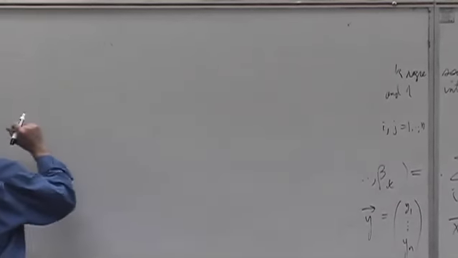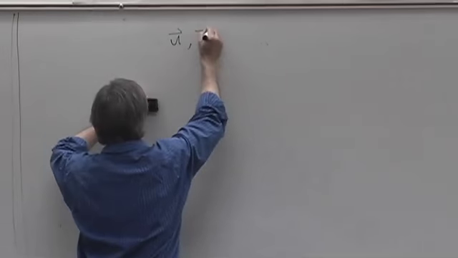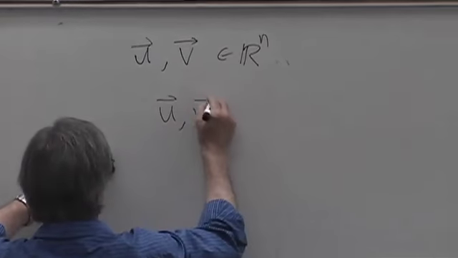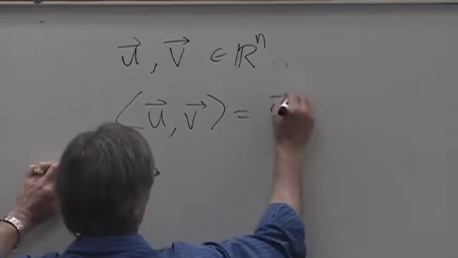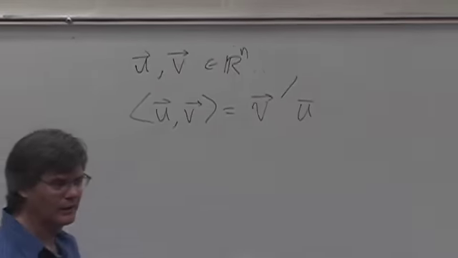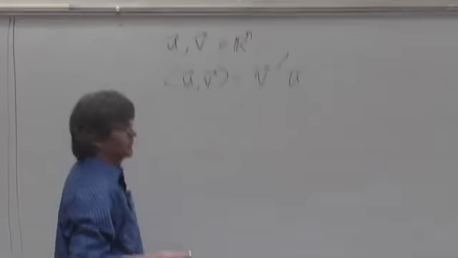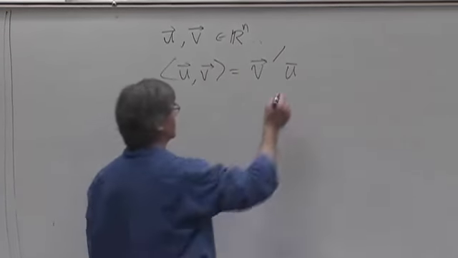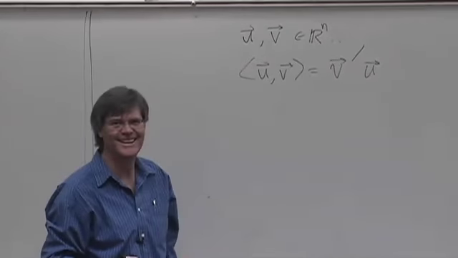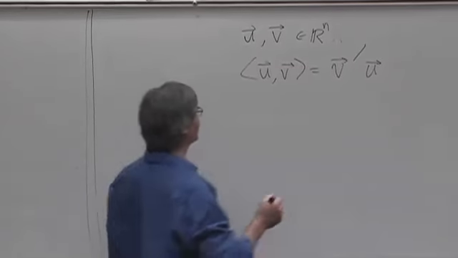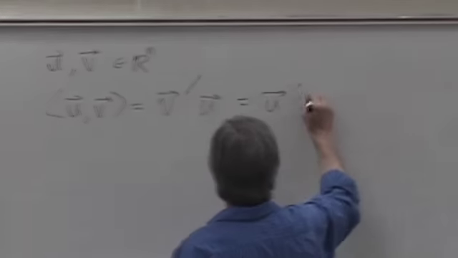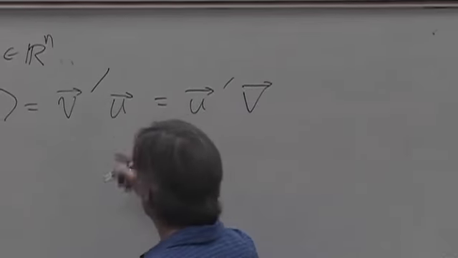So if I have vectors u and v in Rn, then I write the inner product of u and v. I can write this as v transpose times u, let's say. Okay? v transpose times u equals u transpose times v, because that's a scalar. Now, this is a scalar. All right? So this is equal to its own transpose. Okay? Equals u transpose v. All right? Since if I take the transpose, remember that?